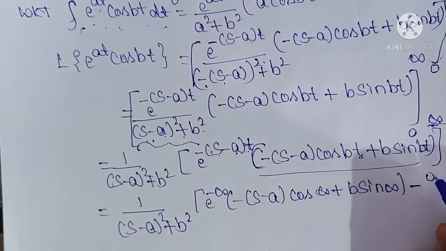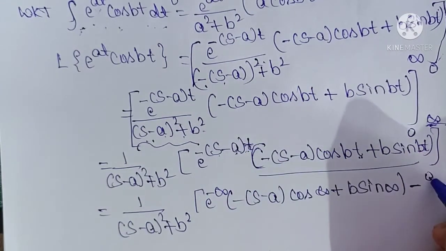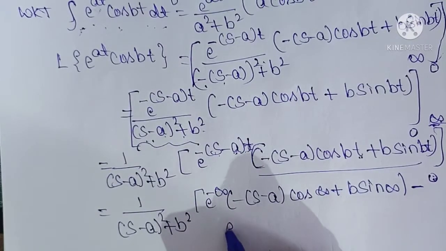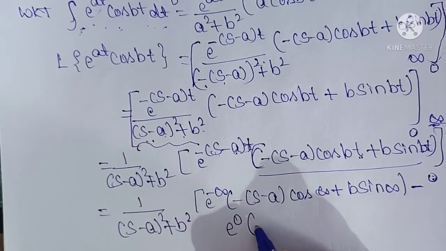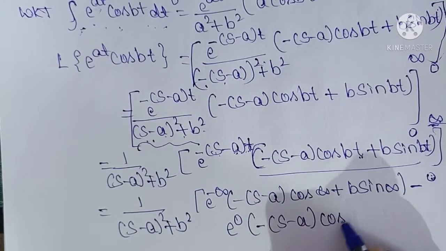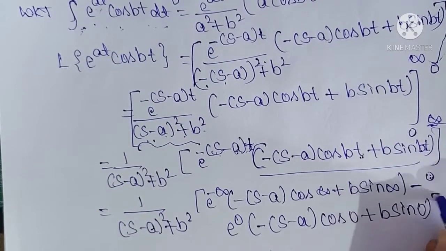Minus the lower limit value: in place of t you substitute 0. 0 into (s minus a) is 0. E power 0 into (minus (s minus a) cos 0 plus b sin 0).